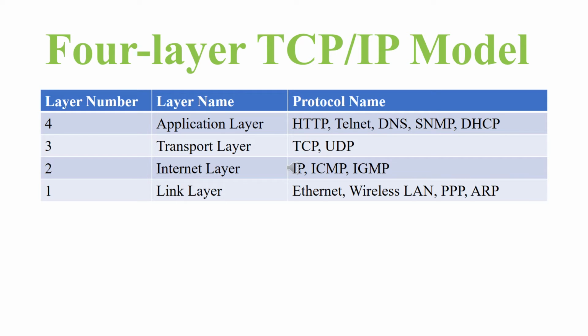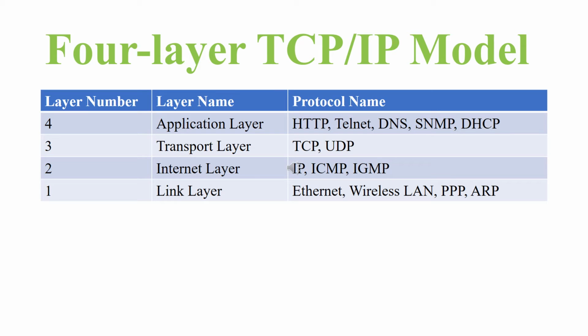Then we have SNMP, Simple Network Management Protocol, which is used for managing network devices locally or remotely. Then we have DHCP, Dynamic Host Configuration Protocol, which is used for automating the configuration of network interfaces. In the application layer, we have these protocols and many other protocols, and we will learn all of them in great detail in the coming videos. Now let's take a quick look at the transport layer.